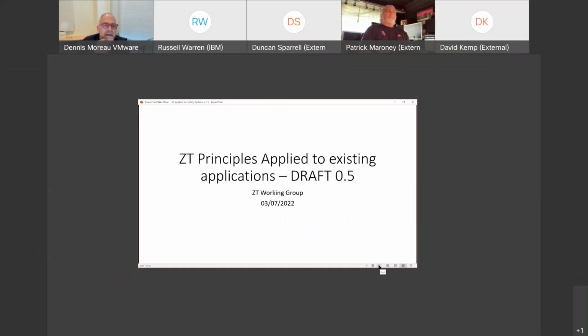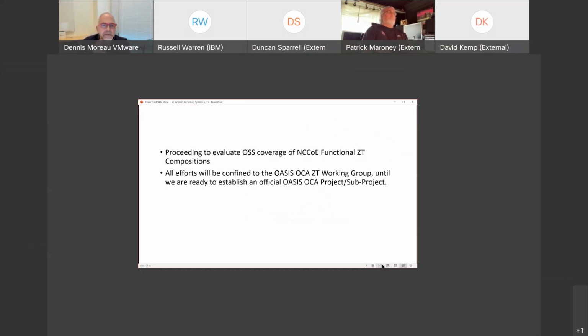Alrighty, so this is an update expected to be refreshingly concrete compared to all the other updates that we've done. We're proceeding with the idea of looking at what is the open source coverage of the proposed software constellations that are being used in the NCCoE's effort around zero trust compositions of tools to get at that first step of implementation of zero trust using relatively conventional technologies.